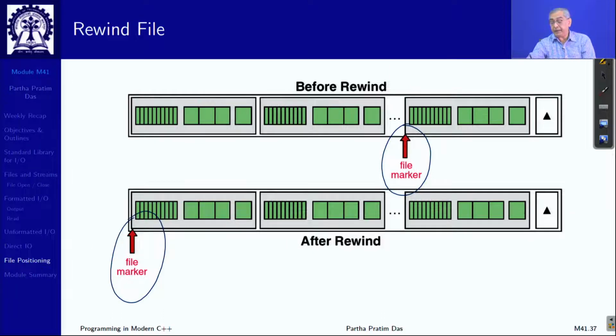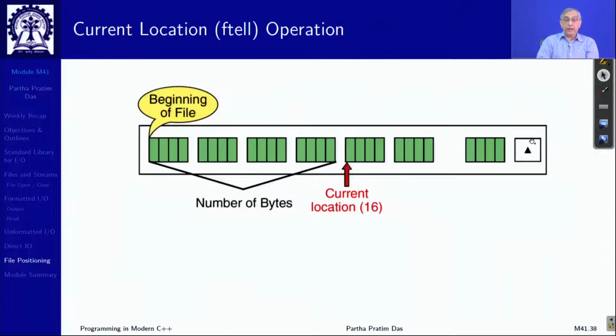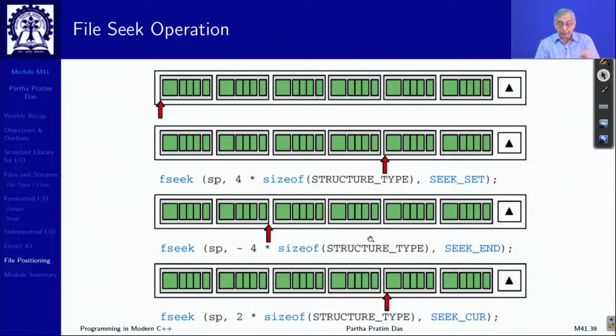You can also note the current position of the file marker by a function called ftell. You can reposition the file marker anywhere by doing an fseek operation. You can set it to a point, to the end, to the beginning, and so on. So rewind is basically a special case of the seek operation.